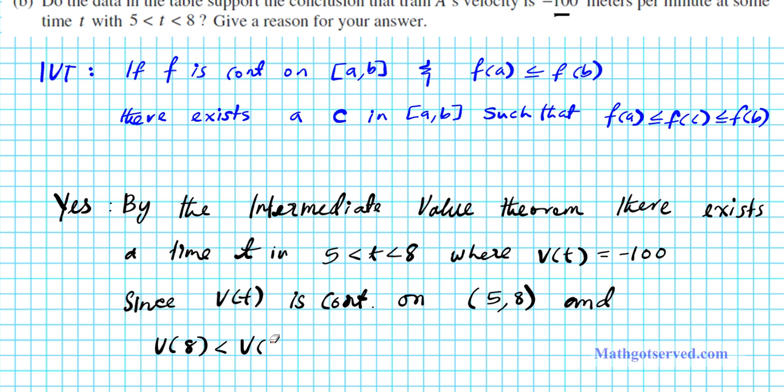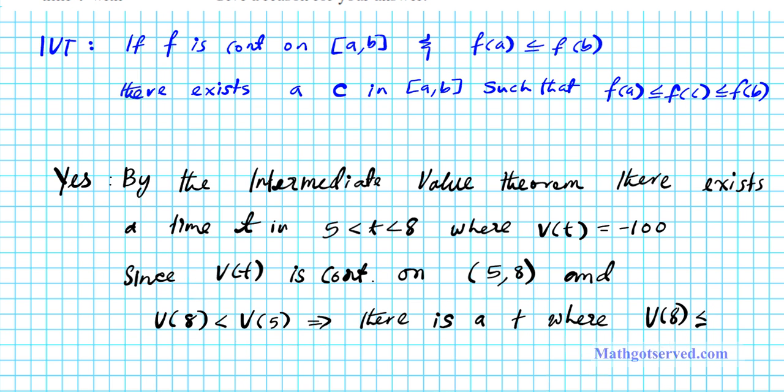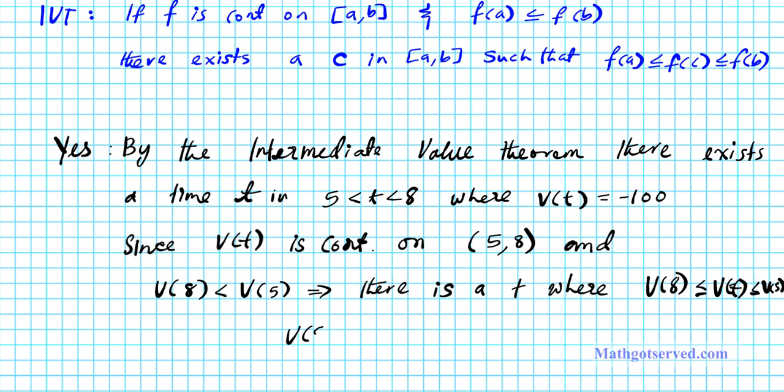So if the velocity function is continuous on this interval, and you have this ordering where v of 8 is less than v of 5, then this implies that there is a t where v of 8 is less than or equal to v of t, and that's less than or equal to v of 5.